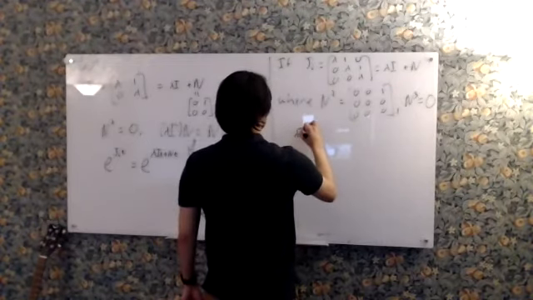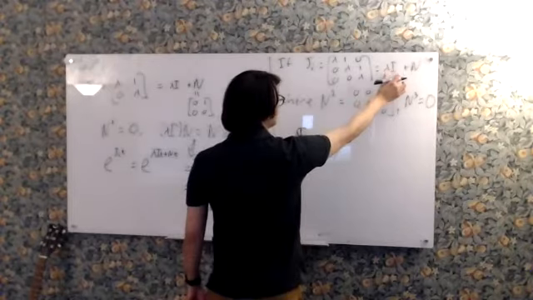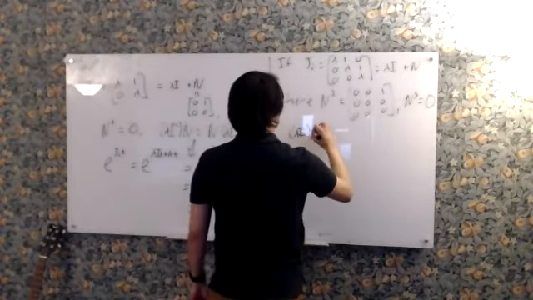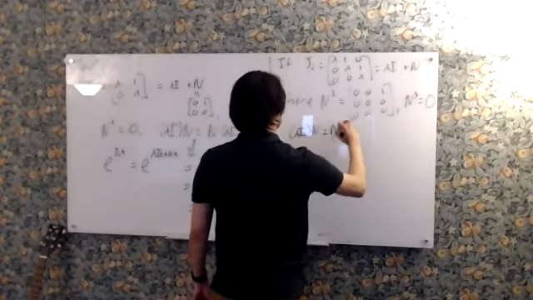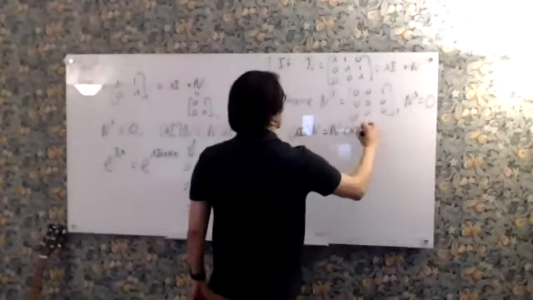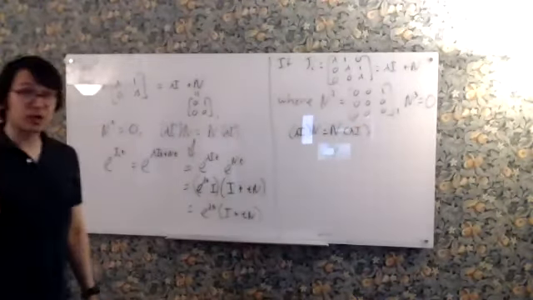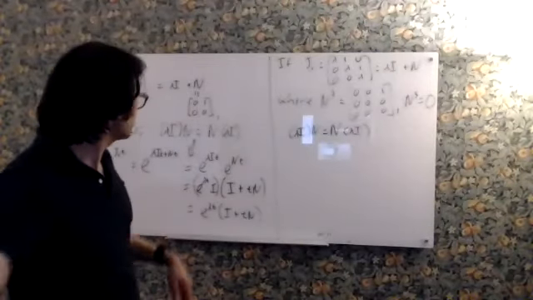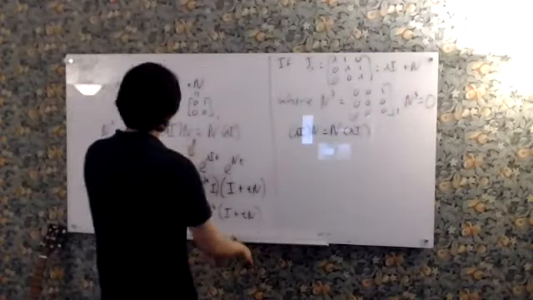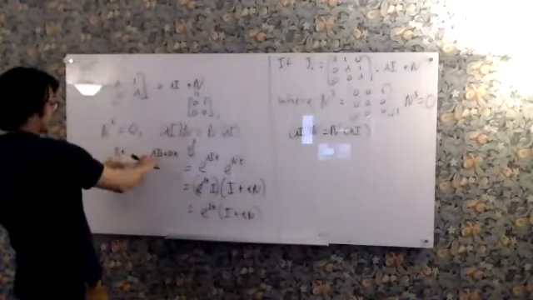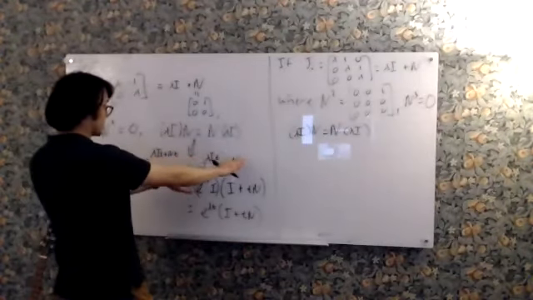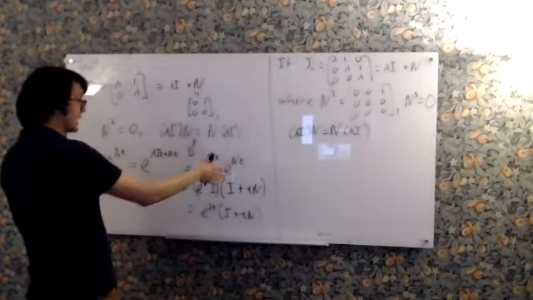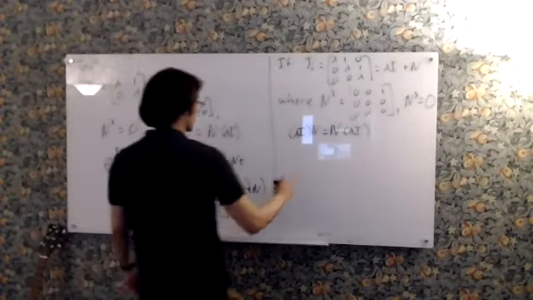And still, because any multiple of the identity, lambda I, always commutes with any matrix, as long as it's square, the same argument holds, but now we just have to do one extra term. So this argument from here up to here all holds. We just have to modify the power series expansion of this thing.